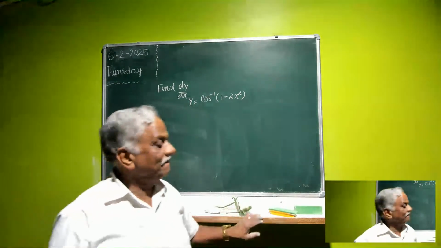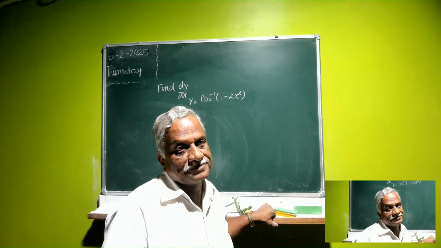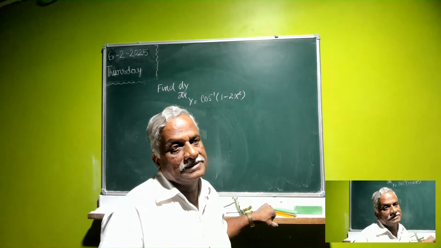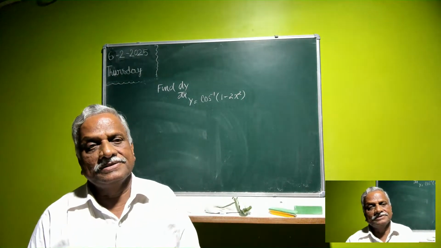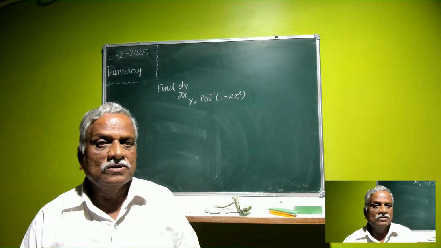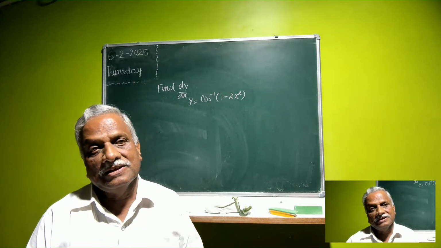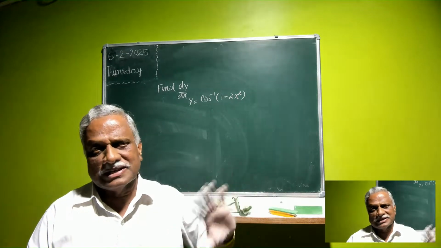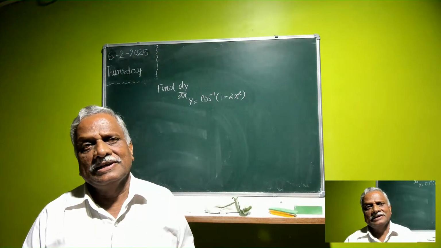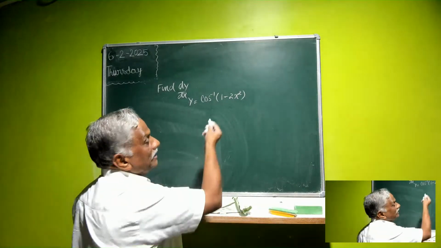Normally we think of the following substitutions: sin theta, cos theta, tan theta. If 1 minus x square is there, go for sin theta. If x square minus 1 is there, go for secant theta. Those things you learn by practice. If 1 plus x square is there, I can just give you a hint.